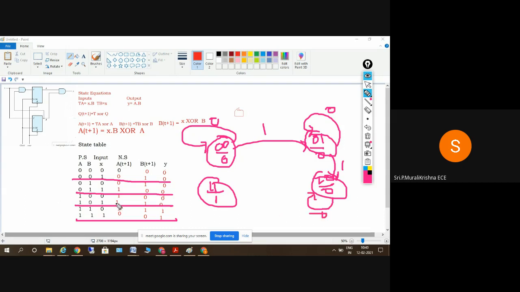If x is equal to 1, it will go to the next state, that is 1 1. In state 1 1, if x is equal to 0, it will remain in the same state. If x is equal to 1, it will go to the next state. So this will be the diagram here.